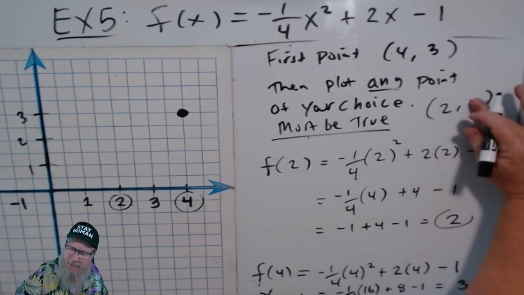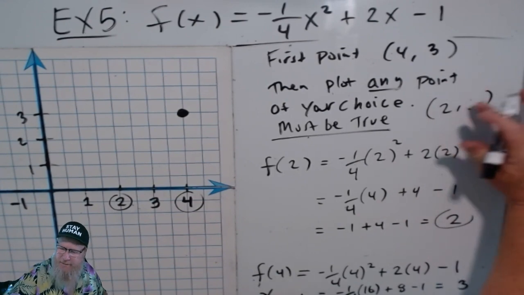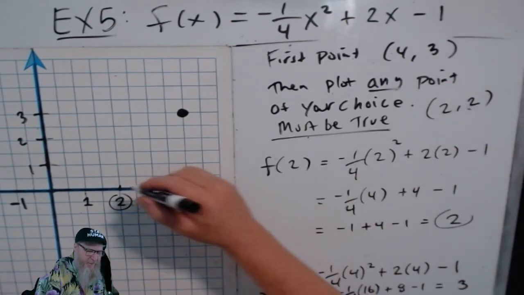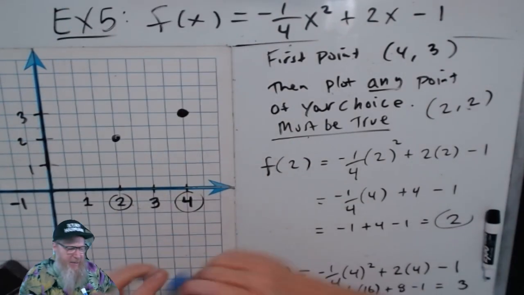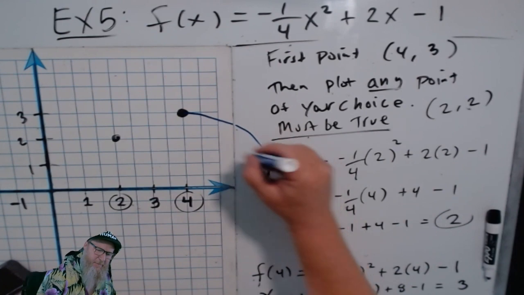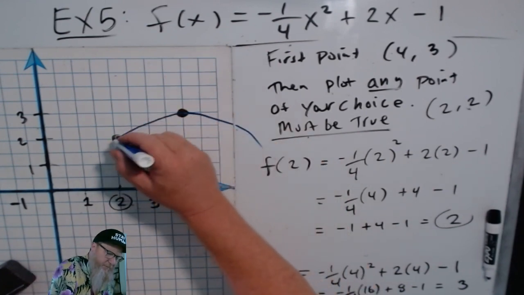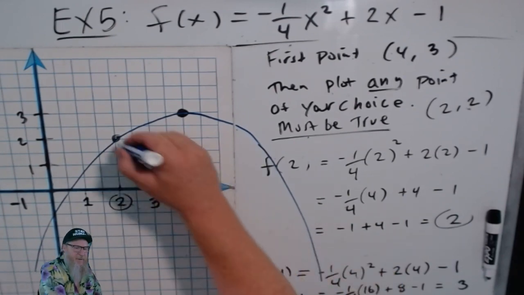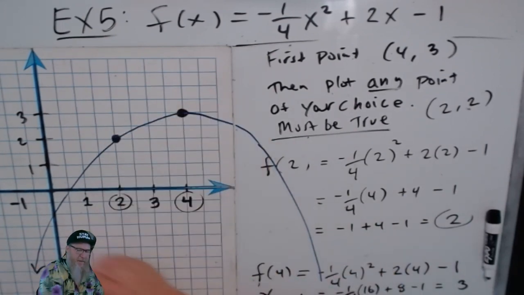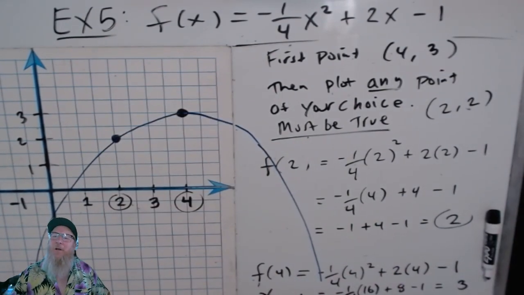So that is the point of my choice. 2, 2. And then my graph will look like this. There you go. The software that I use only allows you to plot 2 points.